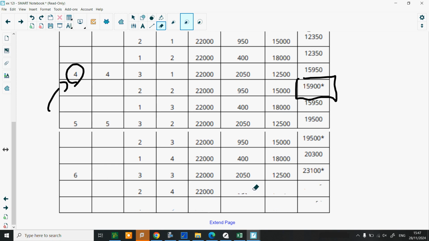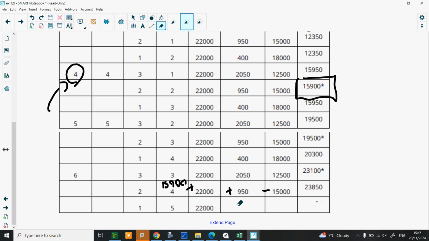That next one is a 2-4. 2 years of maintenance is 950. Resell after 2 years, 15,000. And look for the least expensive 4 years, which is 15,900. Add them together, take away the 15,000, and we get 23,850.